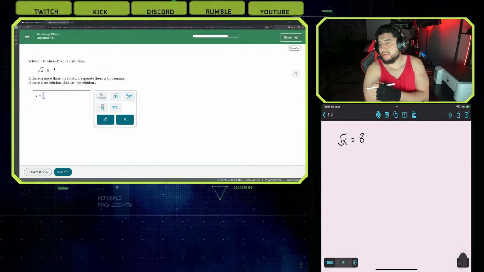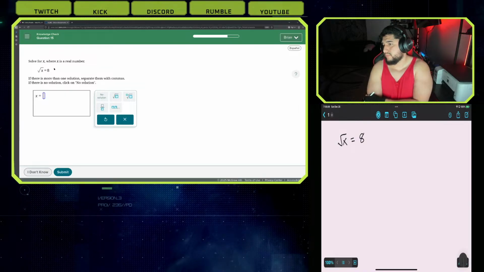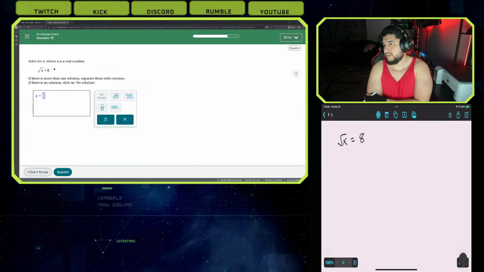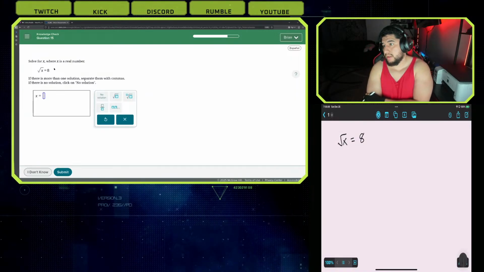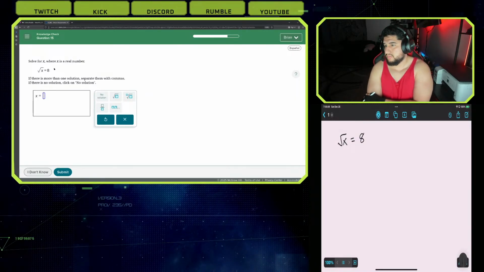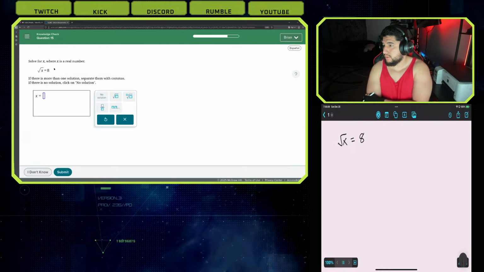So we basically need to simplify it. The opposite of square rooting is squaring. Solve for x where x is a real number.